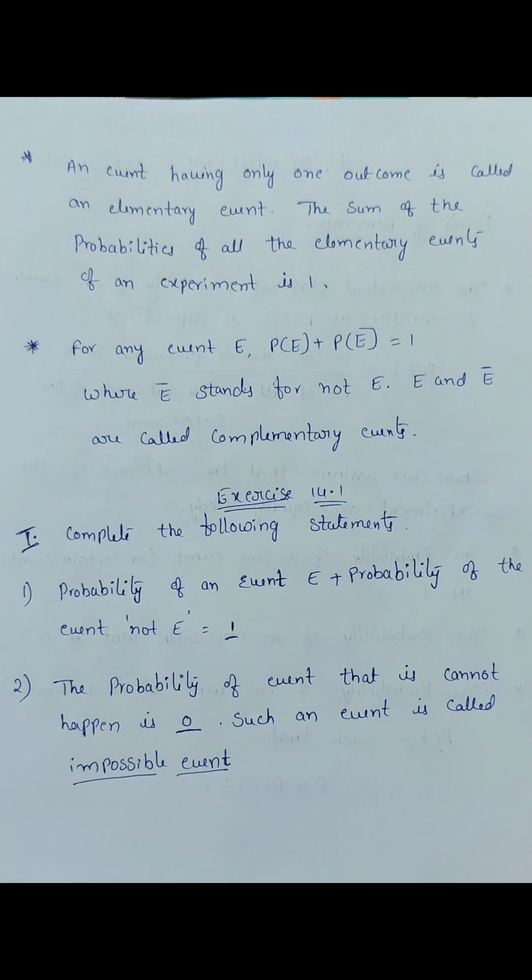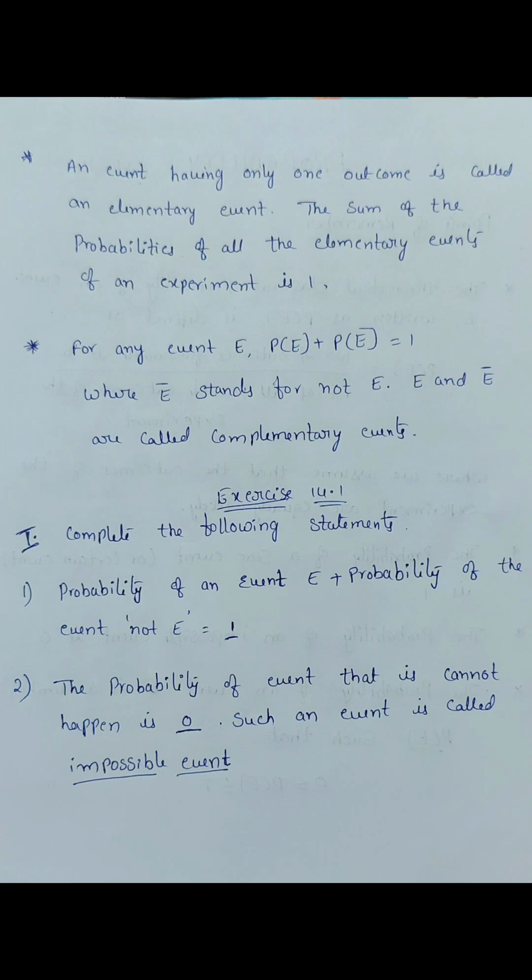The sum of probabilities of all the elementary events of an experiment is 1. Next point, for any event E, P(E) plus P(E bar) is equal to 1, where E bar stands for not E. E and E bar are called complementary events.